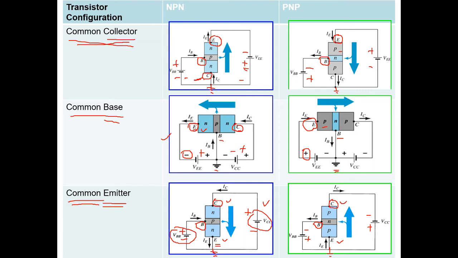Then another part is the collector. The collector must always be different from the emitter to ensure the current flows in only one direction. So the collector is connected to negative, right?